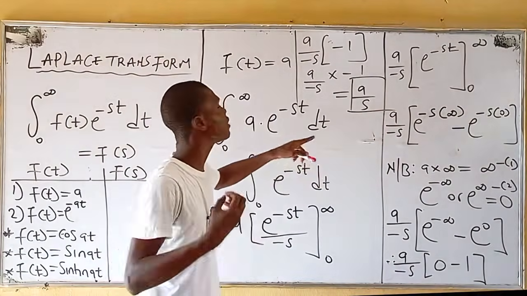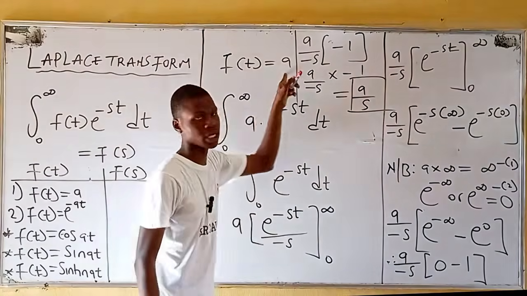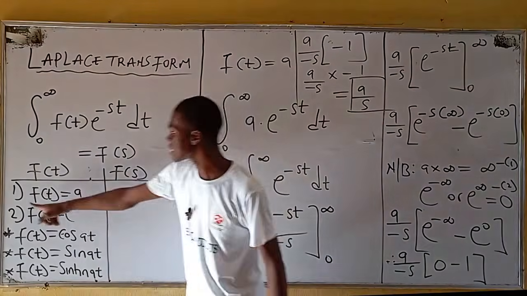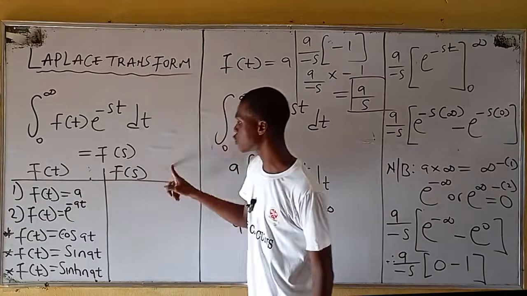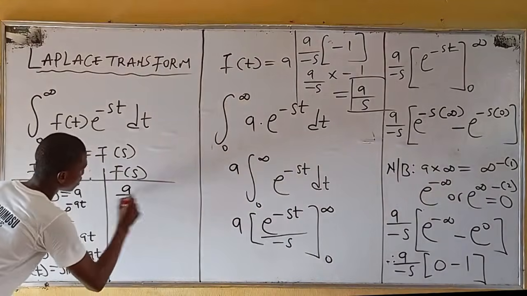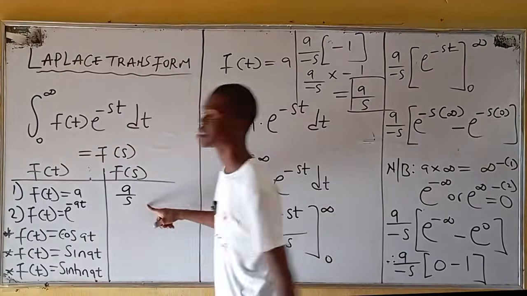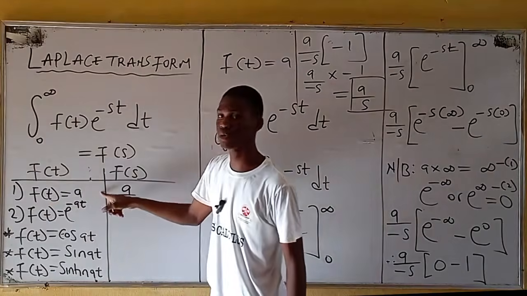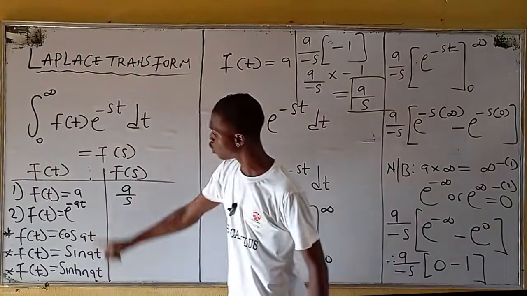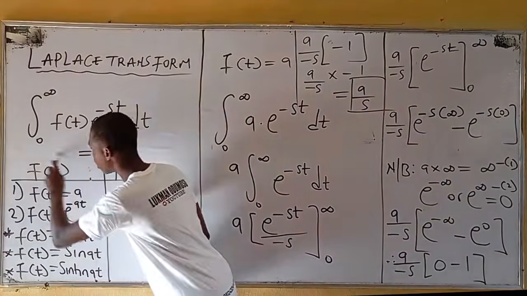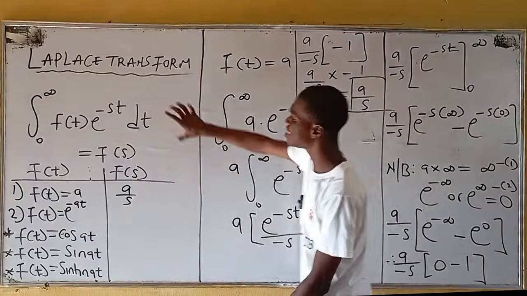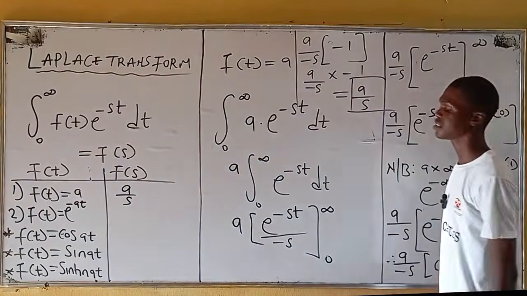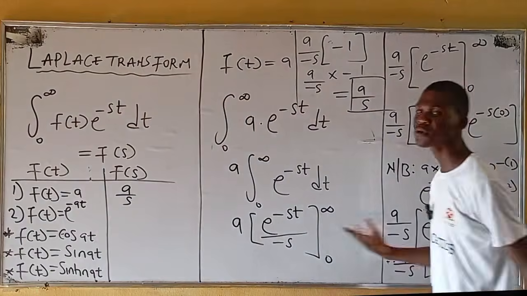Back to our table: given that f of t equals a, the transform becomes a over x. You apply the same process to all other functions using this integral formula that defines the Laplace transform.